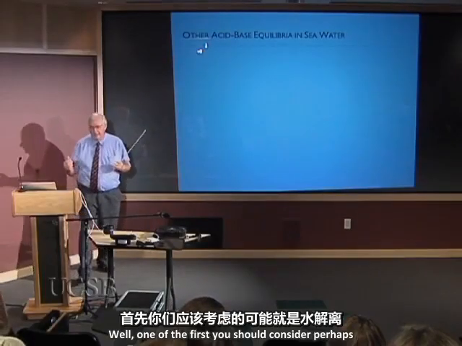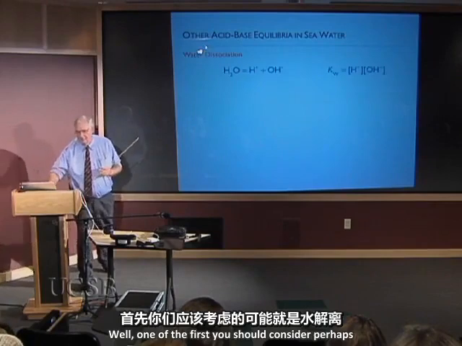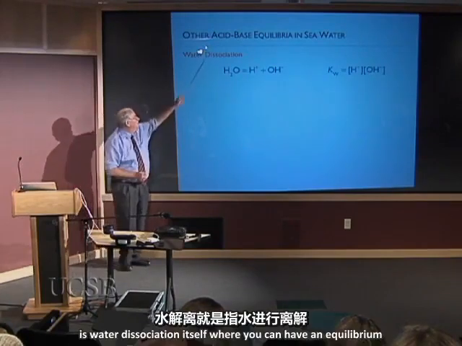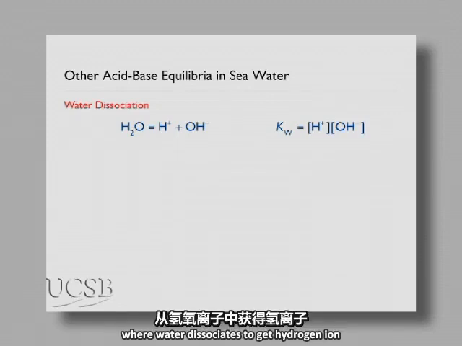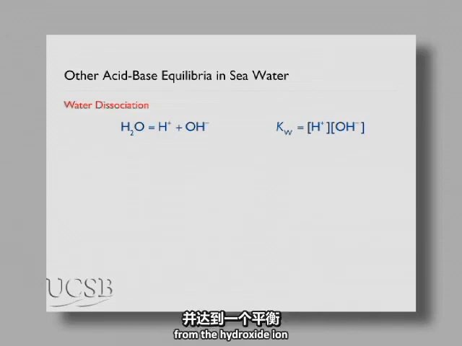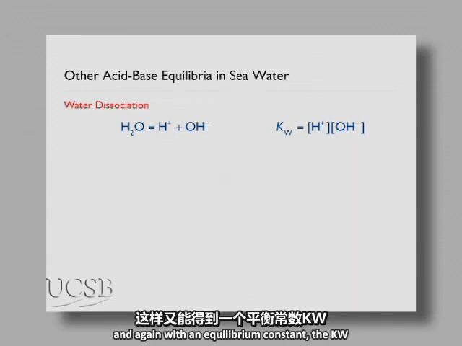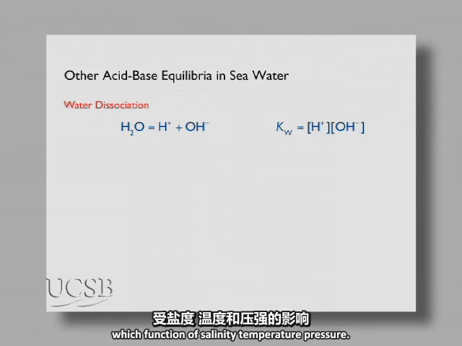Well, one of the first you should consider perhaps is water dissociation itself, where water dissociates to give hydrogen ion and hydroxide ion, again with an equilibrium constant, the Kw, which is a function of salinity, temperature, pressure.